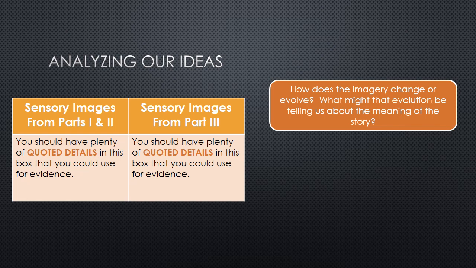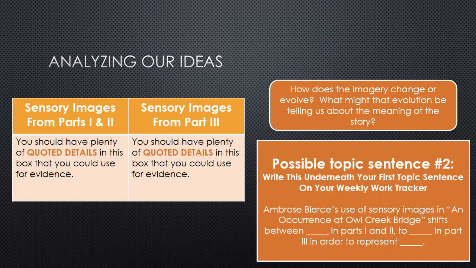And then what I want you to do is, back on your entry task sheet, you're going to write a second possible topic sentence. This is about the sensory details, not about the change in narrative perspective, which you did at the beginning of the period.